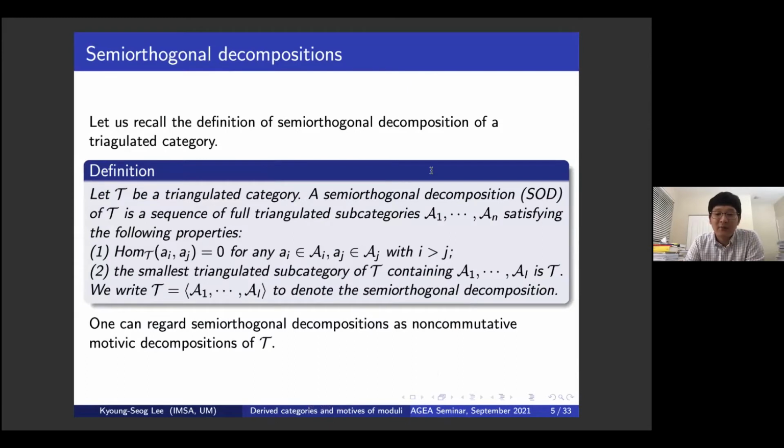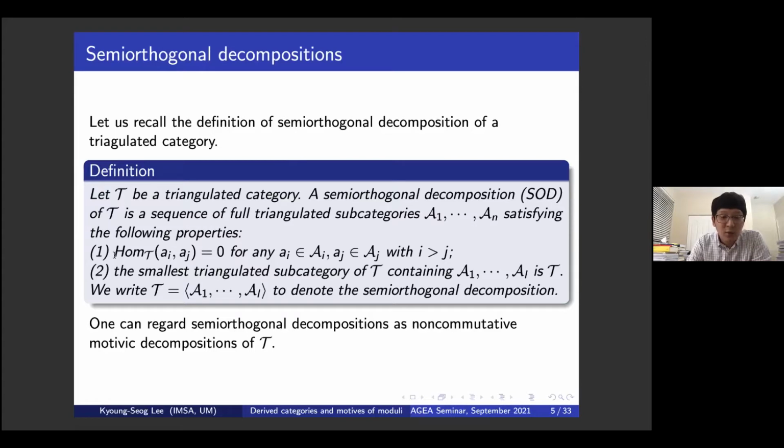So anyway, we proved that the derived category of the curve can be embedded into the derived category of this moduli space. Then this image makes the so-called semi-orthogonal decomposition of the derived category of the moduli space. So let me explain what a semi-orthogonal decomposition is. Let T be a triangulated category. Then a semi-orthogonal decomposition of T is a sequence of full triangulated subcategories A_1 to A_n satisfying the following properties.